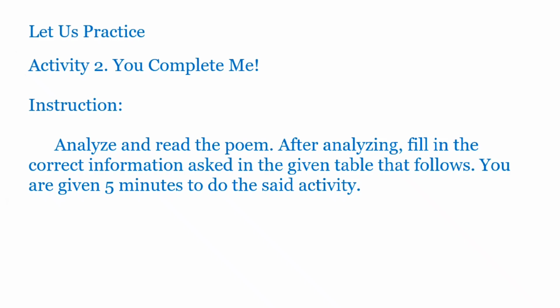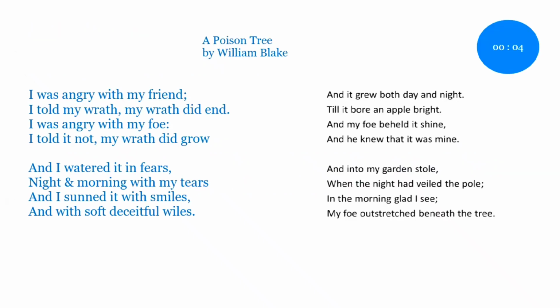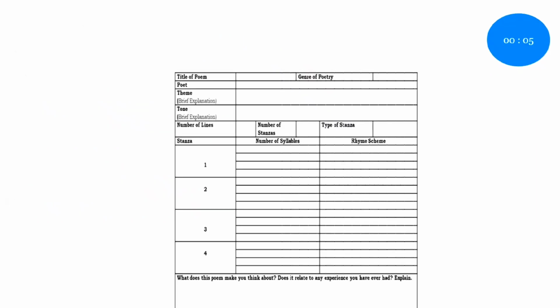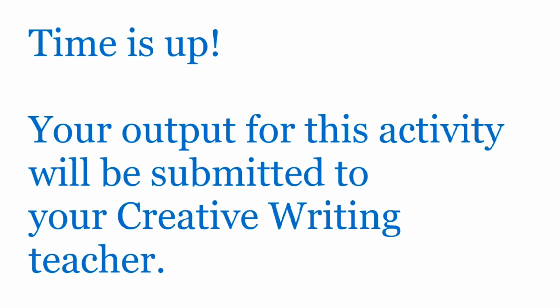You are given 5 minutes to do the said activity. Your time starts now. Time is up. Your output for this activity will be submitted to your creative writing teacher.